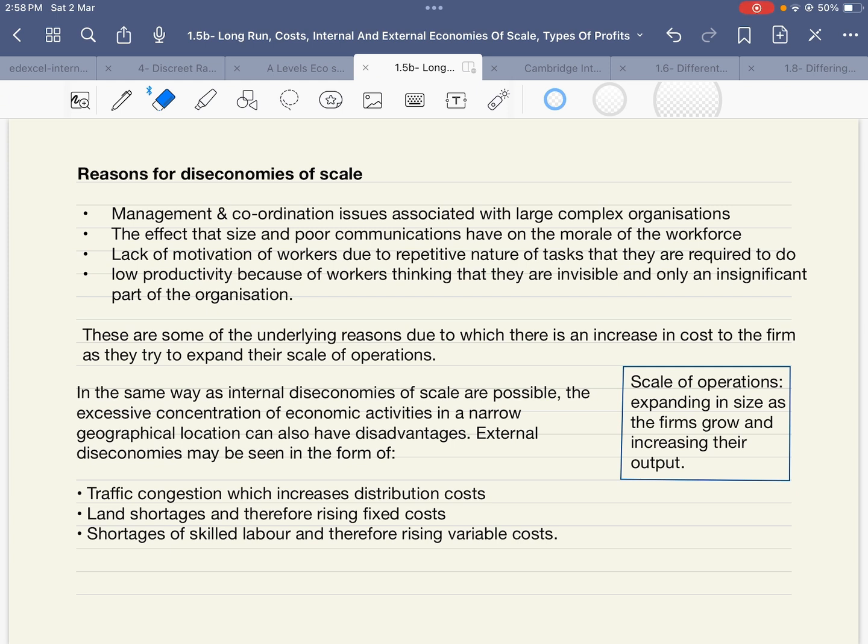Also, there may be differences in how people communicate in both countries, so there may be an issue in properly explaining what is expected or what is needed.